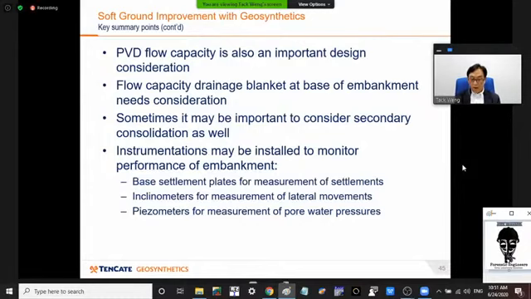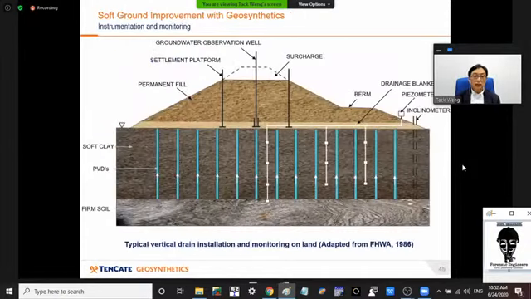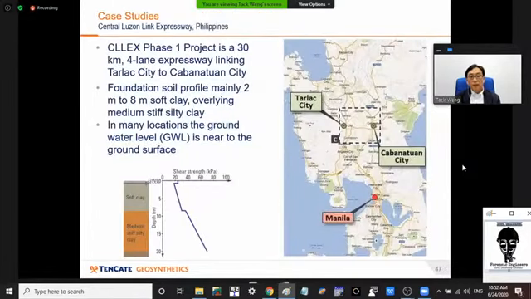Sometimes, when you want to know the gain in shear strength, the use of piezometers can tell you how much pore water pressure dissipation has occurred. Here's a typical diagram showing that instrumentation on site.